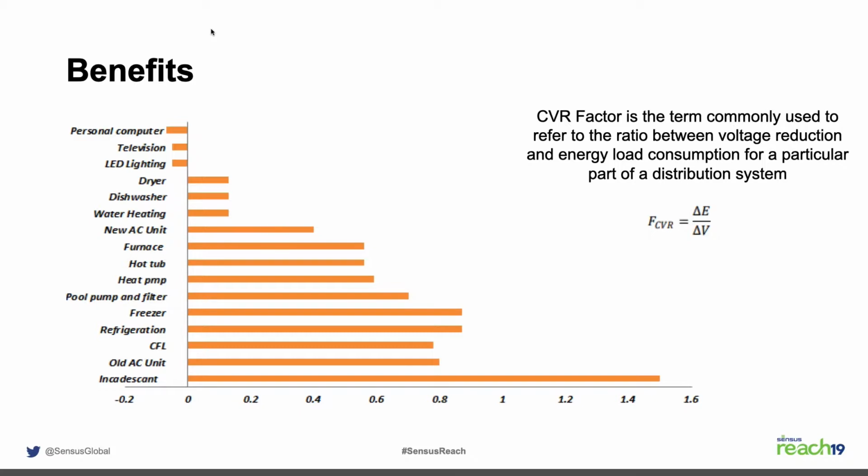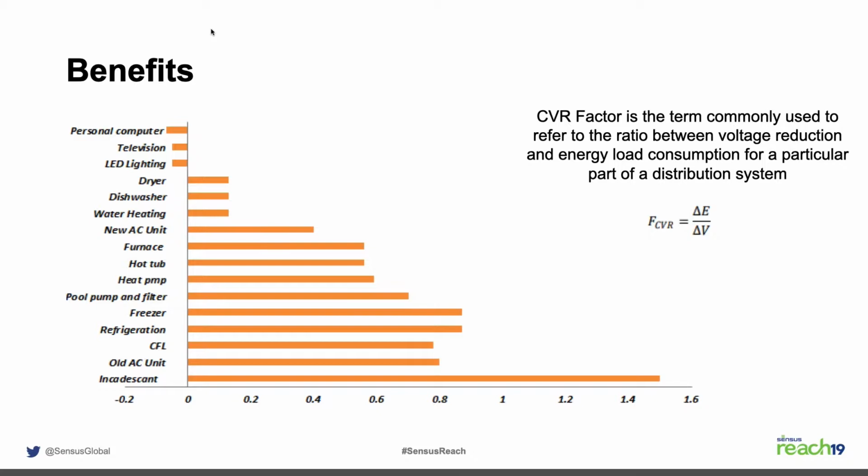While you look at your different feeders, the makeup of the feeder will influence how much benefit you're going to get from reduction. So incandescents, old AC units, refrigeration, things along these lines are a lot of benefit. But what's the challenge? How many of you still have incandescent light bulbs? Most people, there's a big push obviously for LEDs, and the dilemma is LEDs are on this side of the axis and not this side of the axis, and so voltage reduction doesn't actually benefit heavy LED loads.